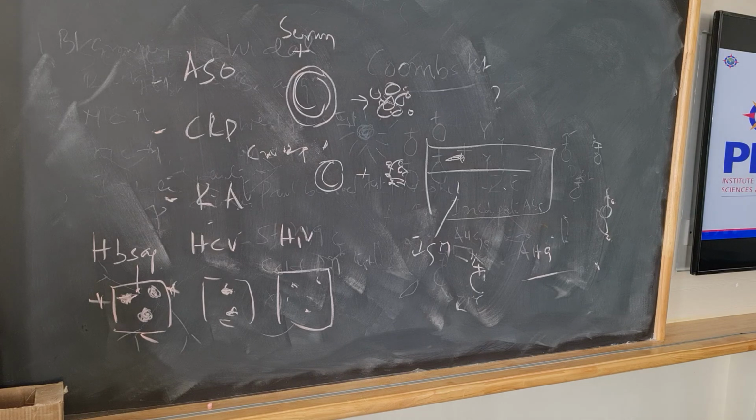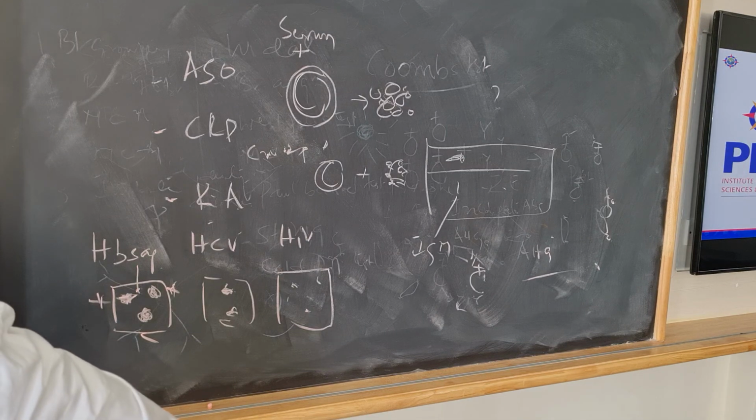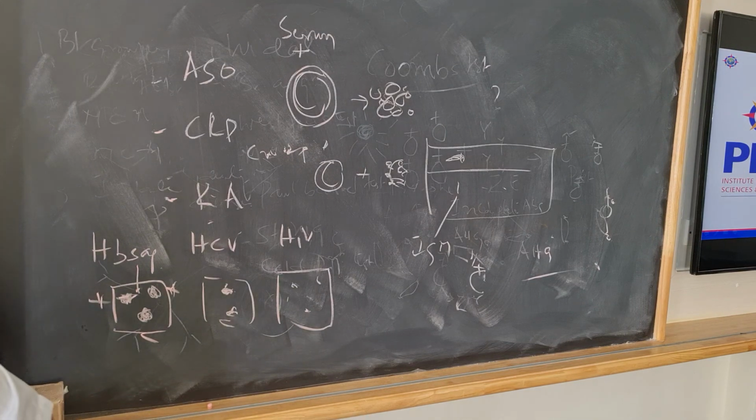HCV, syphilis, malaria, cytomegalovirus. These are called TTDs, transmitted diseases. What are vertical transmission, mother to child transmission? Vertical transmitted diseases.